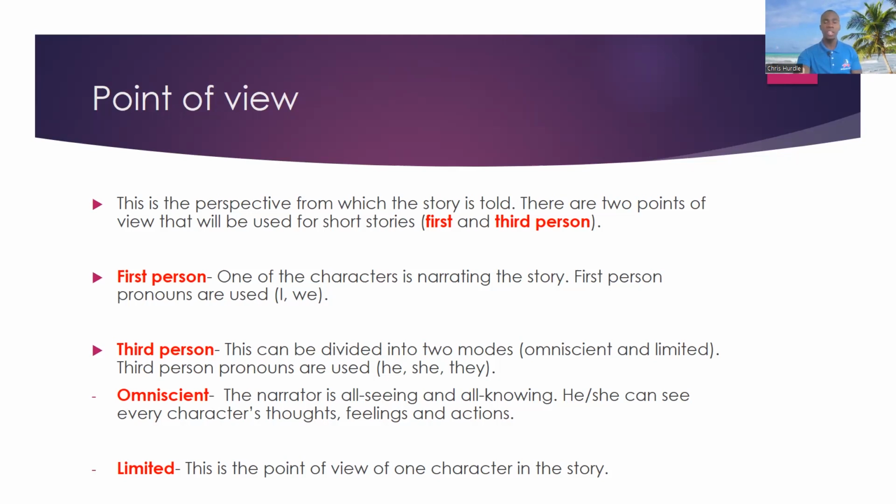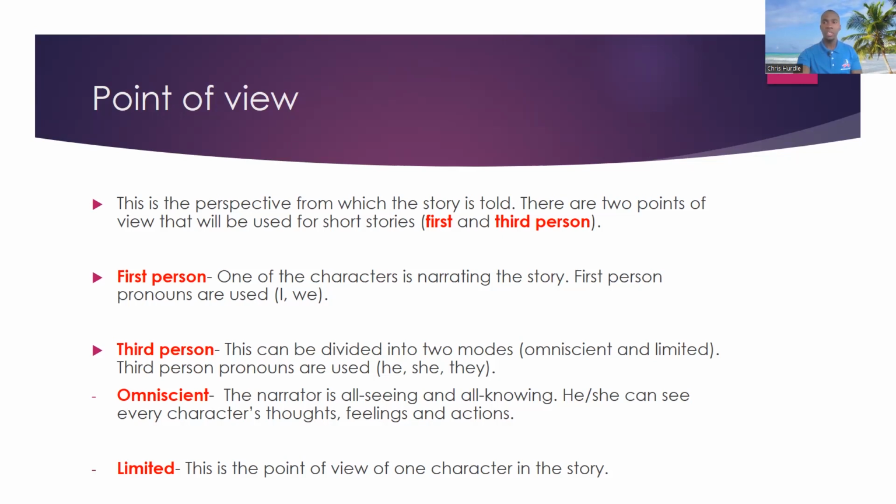On the other hand, the third person has two modes, right? You have the omniscient and the limited. And of course, third person pronouns will be used, such as he, she, or they, right? So the omniscient means that the narrator is all-seeing and all-knowing. He or she can see every character's thoughts, feelings, and actions.